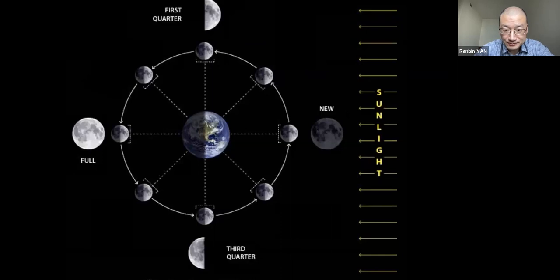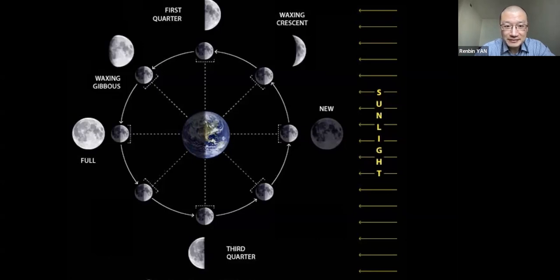Actually, I explained this slide already. Basically, this is new moon, this is first quarter, full moon, and third quarter. And waxing crescent, waxing gibbous, waning gibbous, and waning crescent.